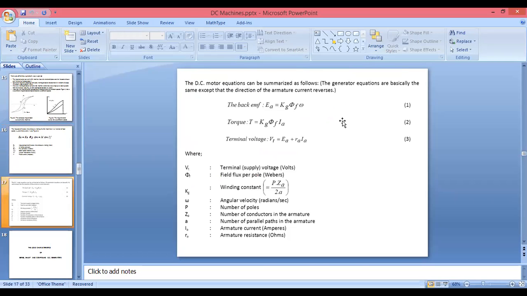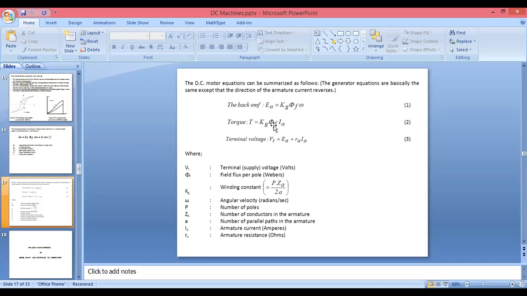Now we have the equations for back EMF when we use the DC machine as a DC generator. But torque is directly proportional to the armature current and also directly proportional to the magnetic flux.